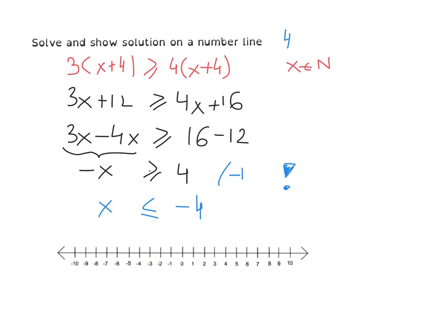Okay, so as you can see in here, x is natural number and it has to be less than -4. Okay, so less than -4 is here and natural numbers are in here, so that means we have no solution in here. So you have to add a little comment, no solution.